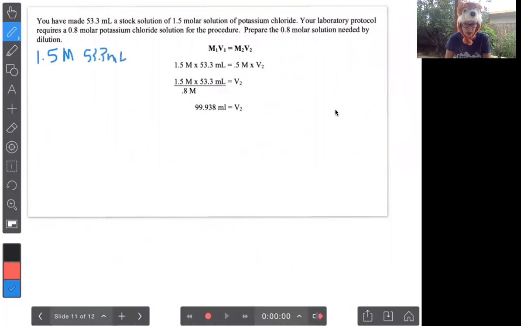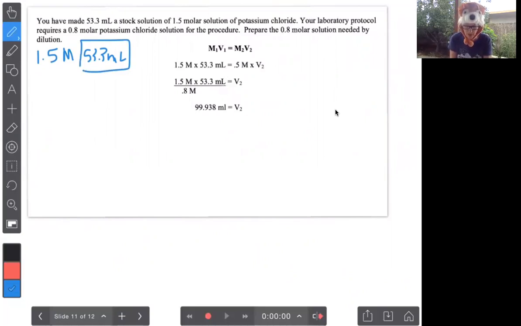That's all we've got. We want a 0.8 molar potassium chloride solution for the procedure. We are going to make 0.8 molar solution with this whole thing. So how much do we have to dilute if we're going to use all of it and turn it into 0.8? What do we do?